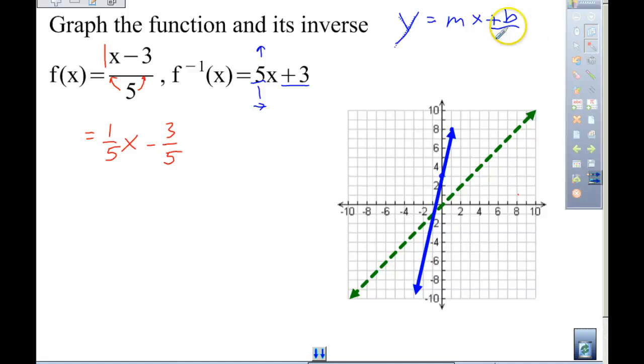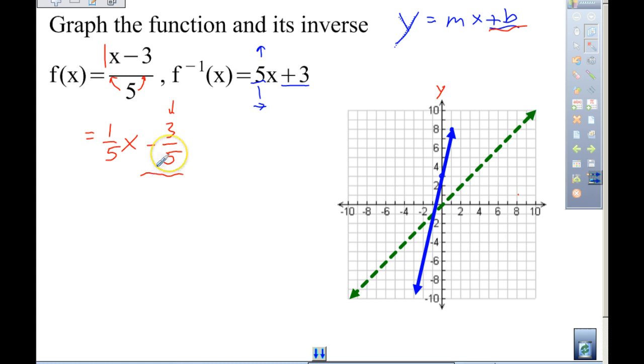So begin b at -3/5. Now, where's -3/5 on the y-axis? Find -3/5 on the y-axis. Where is that? Need to change it to a decimal. Calculator, if that helps. Where is it?